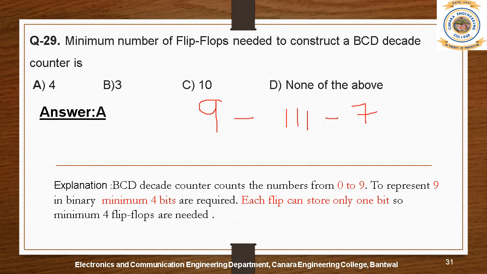If I want to go for 8, I should go 1 0 0 0. That is 8. To represent 9, I should go for 1 0 0 1. That is 9. So I require minimum 4 bits to represent 9. Each bit has to be implemented by one flip flop. So you require 4 flip-flops to construct a BCD decade counter, which counts 0 to 9.